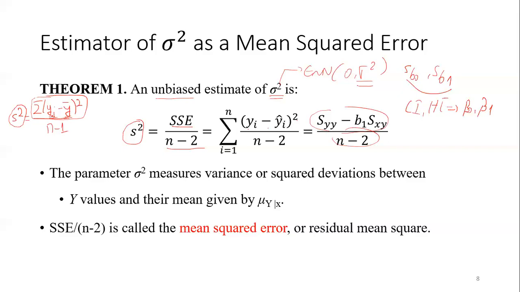So yi minus y bar is the error term, the deviation around the mean. That's the difference between yi and the mean. We square these differences and sum them up. So this is in fact the total difference, or the total deviation, around the mean.